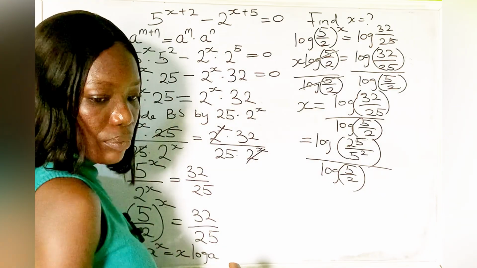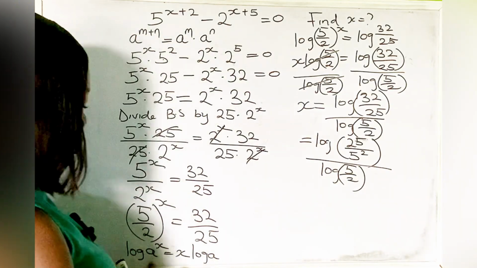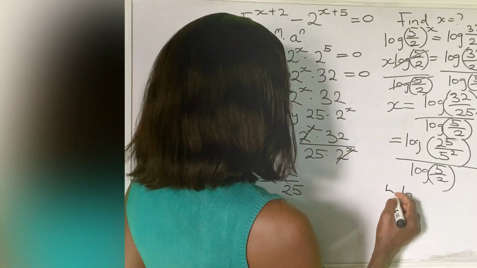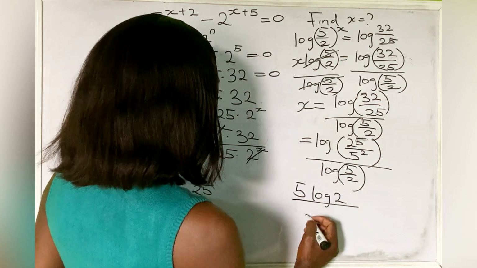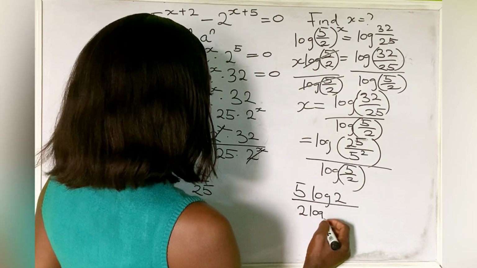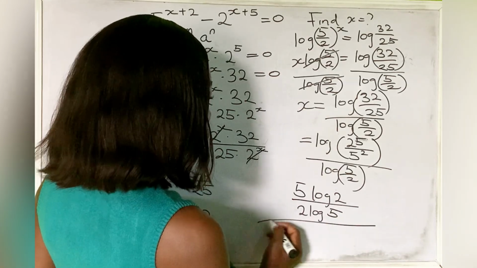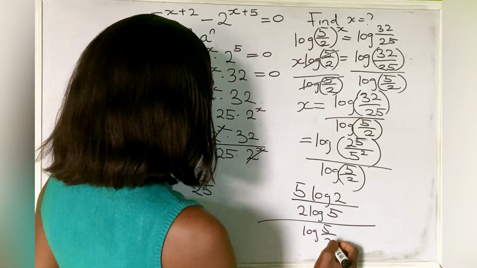Okay, now just like we have this rule here, we can say that this is 5 log 2 all over 2 log 5, all over log 5 over 2.